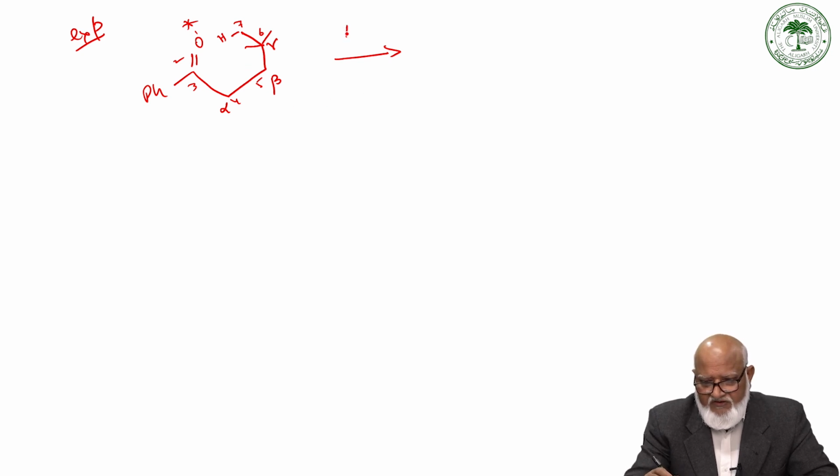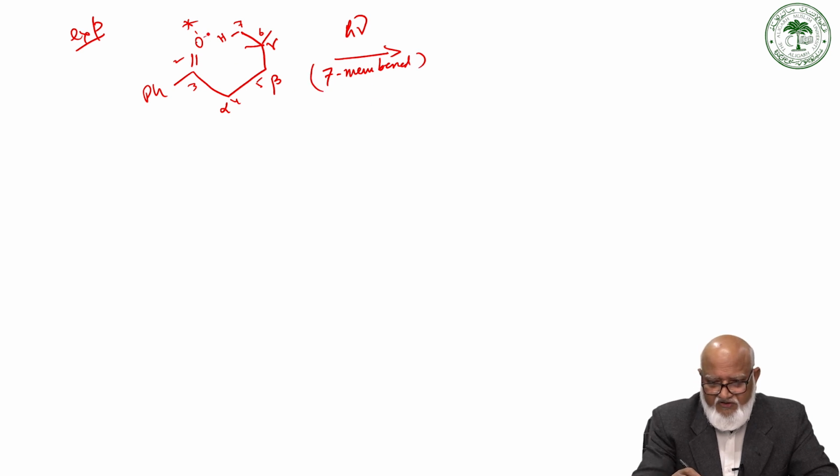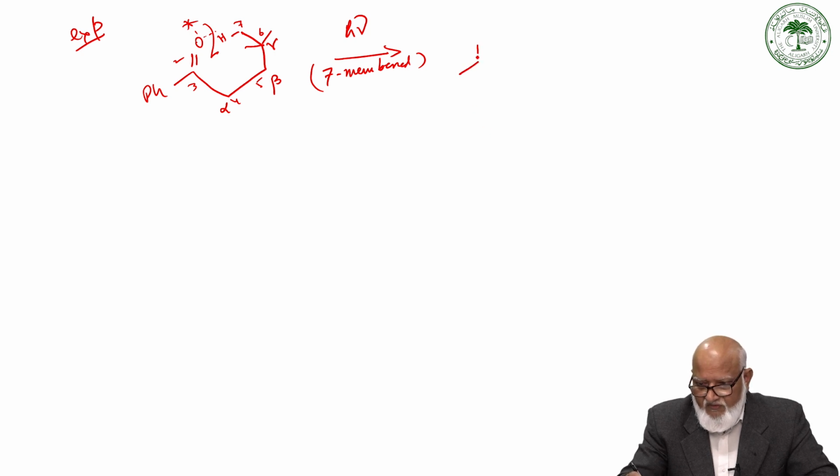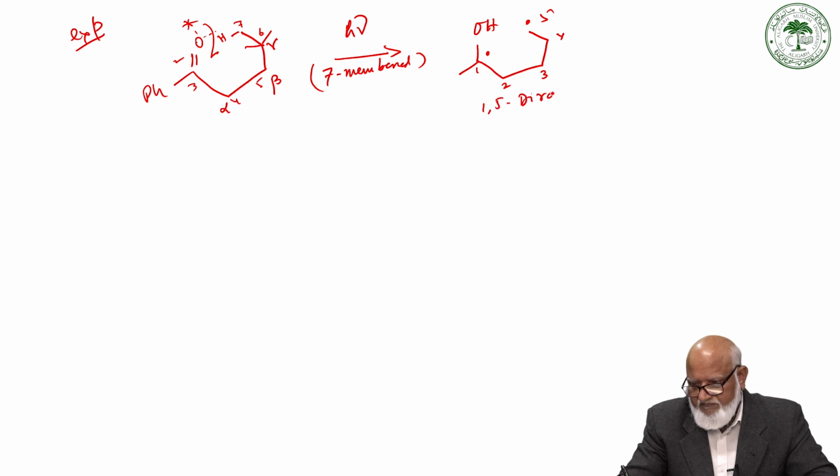With h nu, there is a possibility of a 7-membered transition state formation, and then this excited carbonyl abstracts this to give an OH here, alpha, beta, gamma, and you have 1, 2, 3, 4, 5. So it is a 1,5 diradical here.